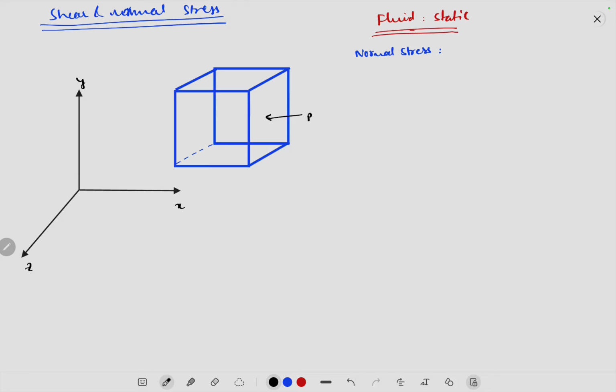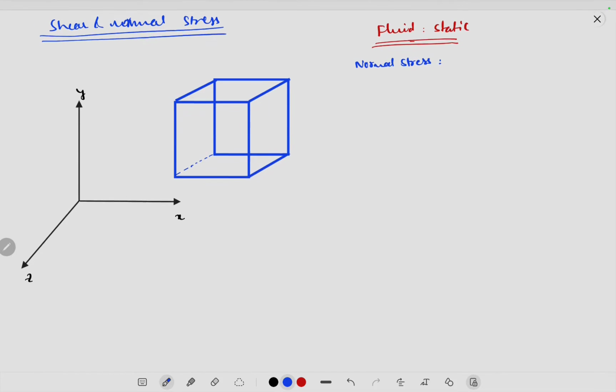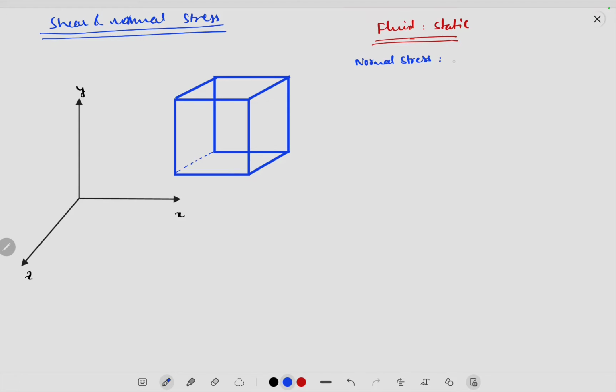Pressure acting from this side, pressure acting from this side, so on all the faces, perpendicular to the faces, like this, like this, like this, and like that. So we can find the normal stress on the static fluid; let's say the magnitude is the pressure P.